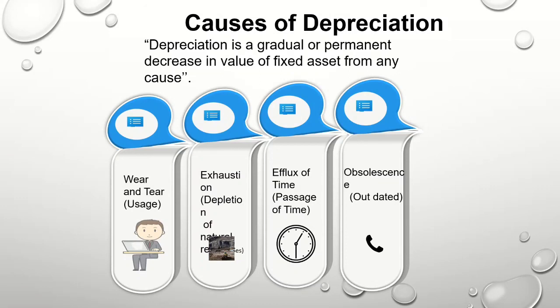In such a case, the requirement of the old asset gradually decreases. Hence, it is necessary to show the value of the asset at a fair or reasonable amount. Example, button phones are replaced by smartphones.